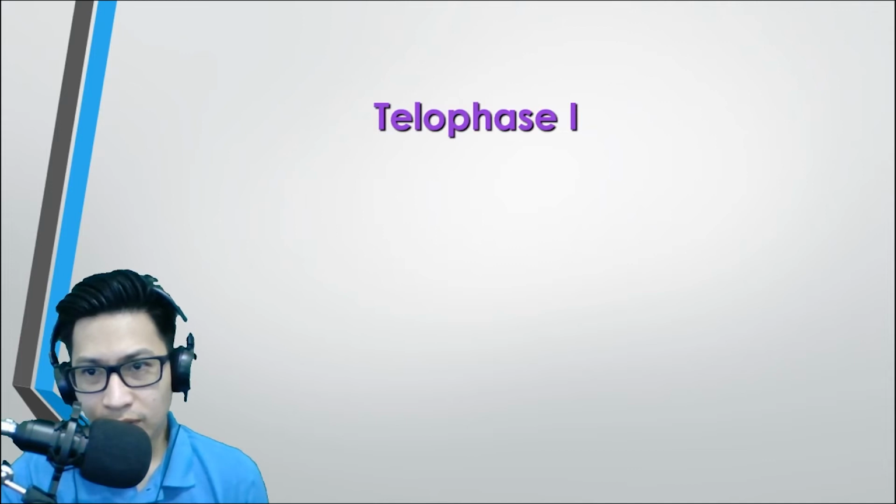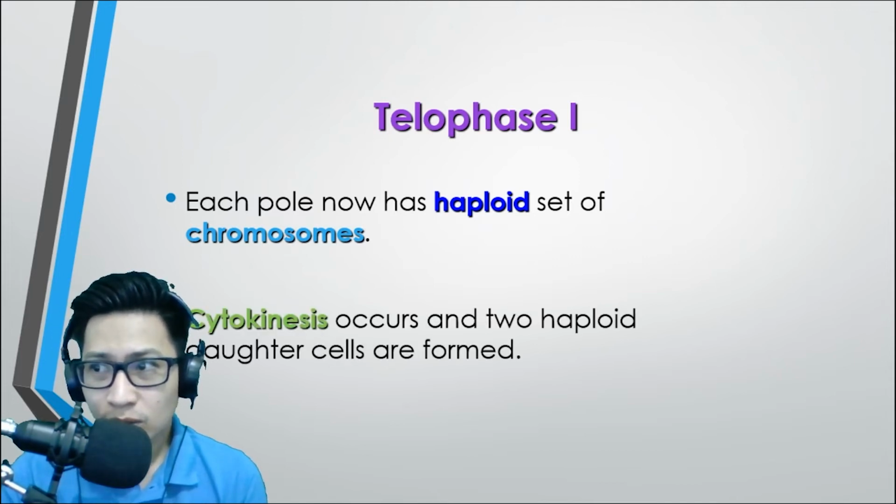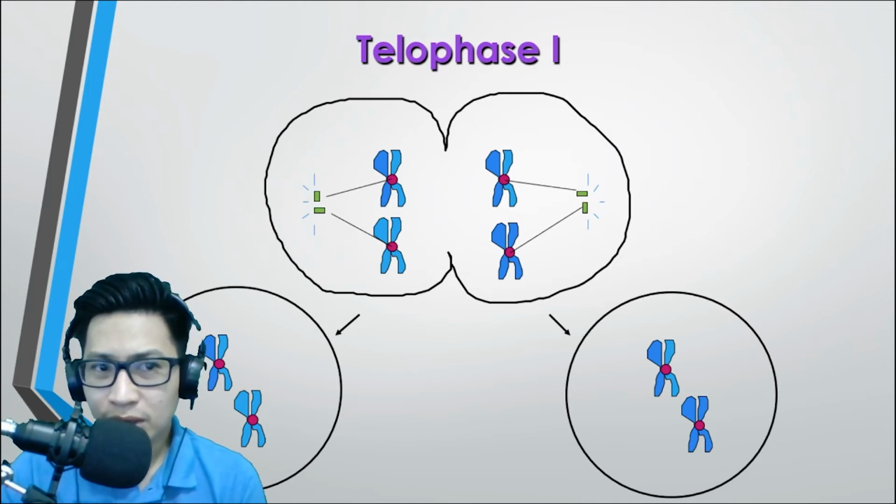Next is the telophase I. During the telophase I, each pole now has a haploid set of chromosomes. Cytokinesis occurs and two haploid daughter cells are formed. Eto na yan. Paano siya naging haploid?